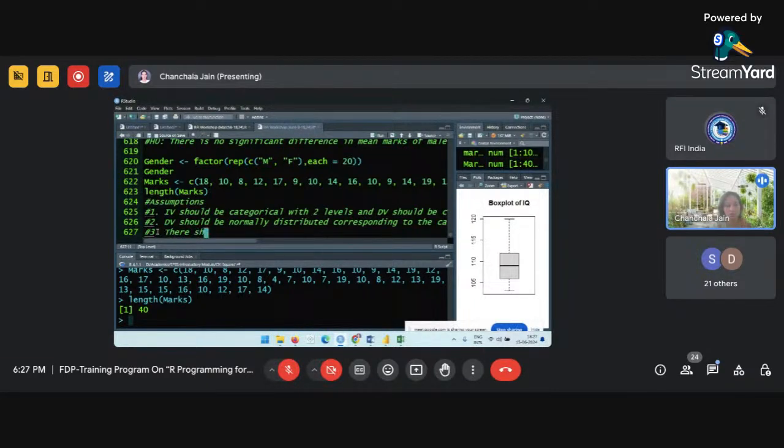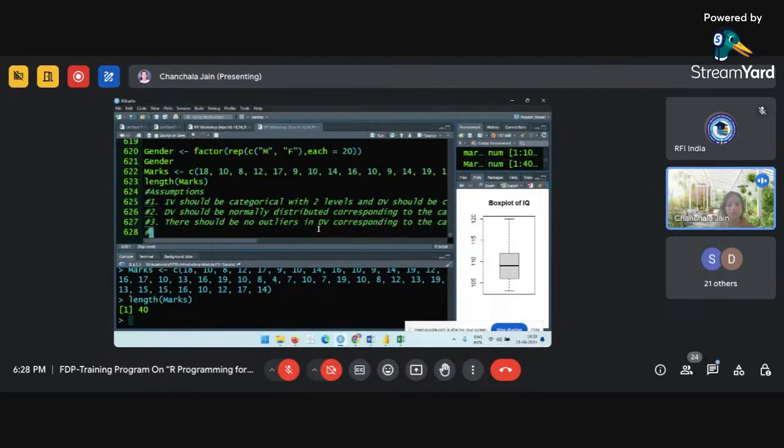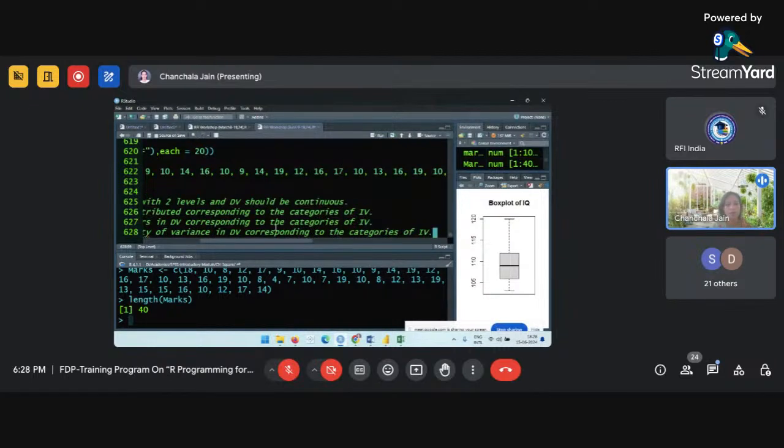Then the third says there should be no outliers in the DV corresponding to the categories of the IV. The last says there should be homogeneity of variance in the DV corresponding to the categories of the IV.